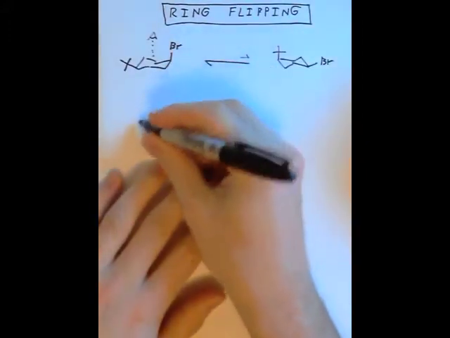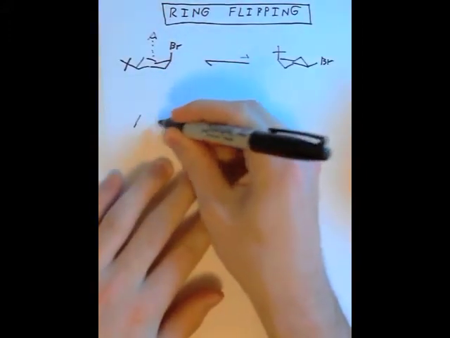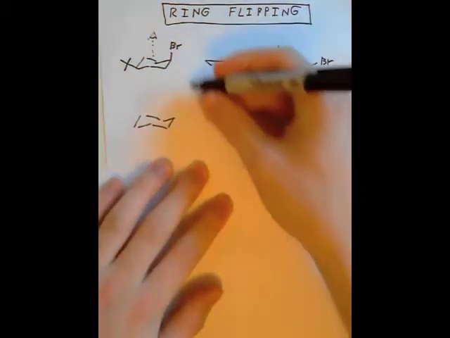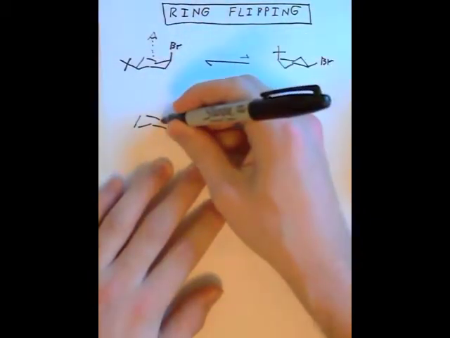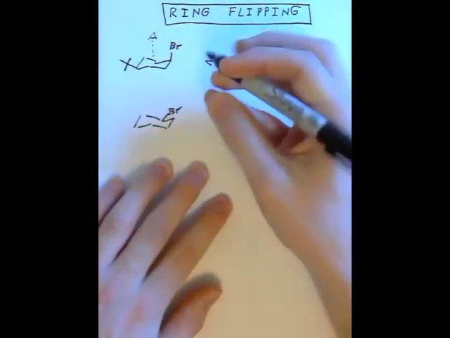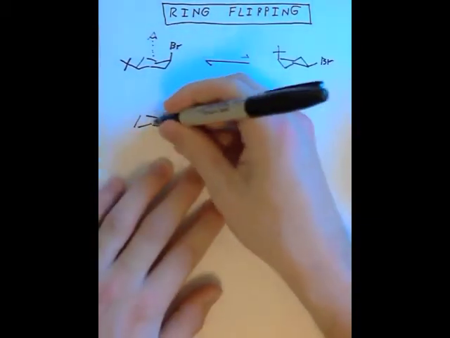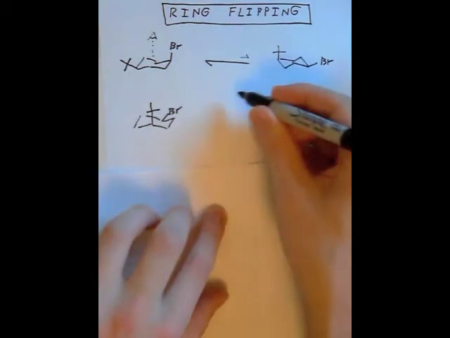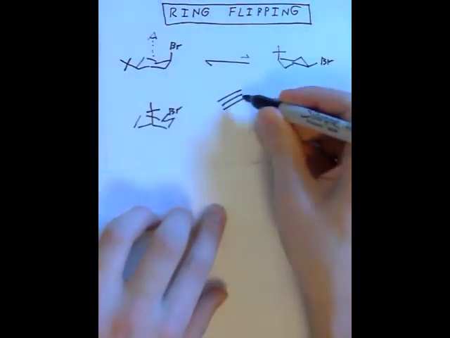So in this case, we would draw the same chair, and let's say that we are shifting every substituent one atom counterclockwise. So the bromine will go one over, it's still up, and the tert-butyl will go one over, and it's still up. And these two structures are equivalent.